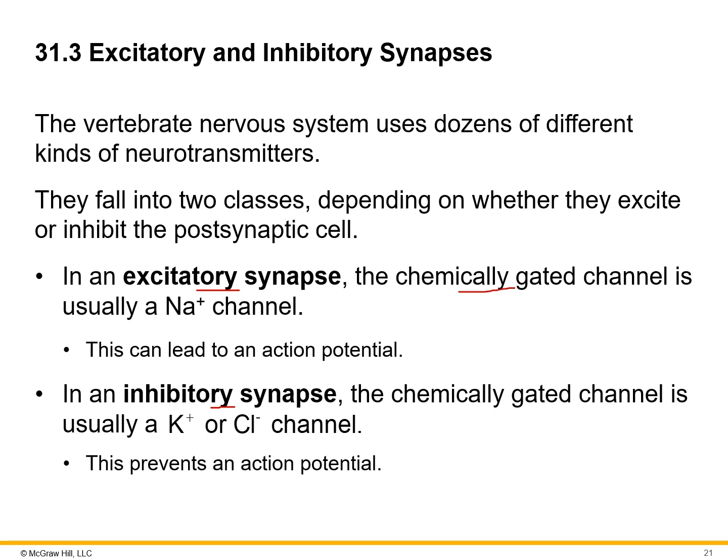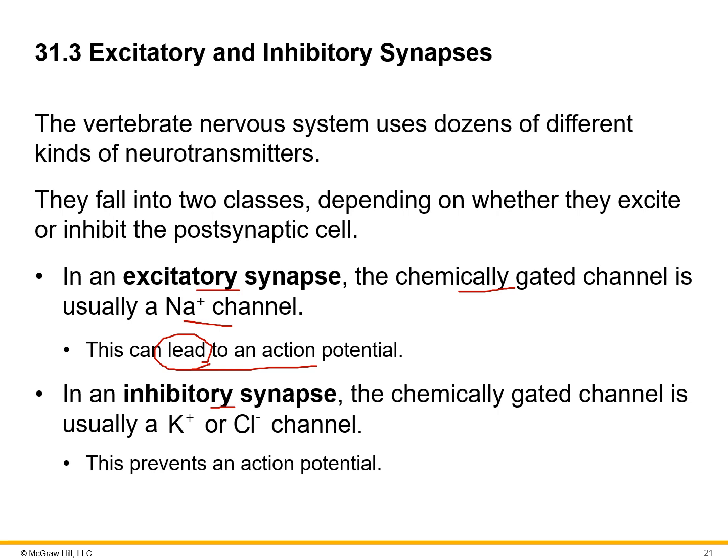The excitatory ones are usually going to be sodium channels. So when the ligand binds, it opens them up, sodium rushes into the cell, and that leads to an action potential. That's why it's called excitatory.